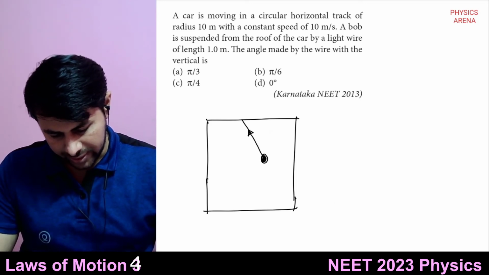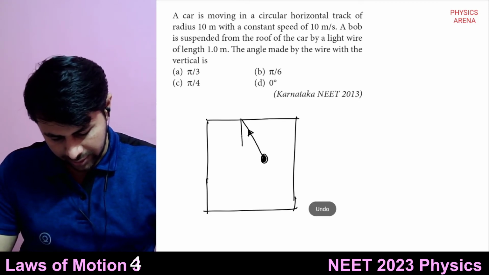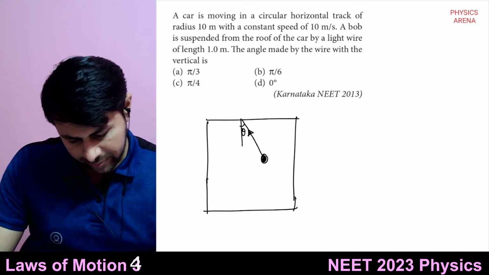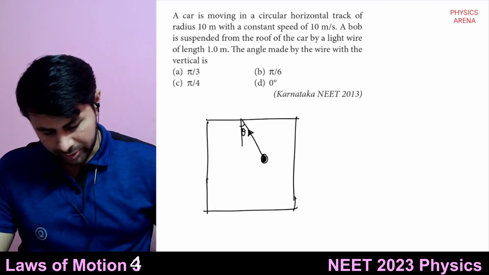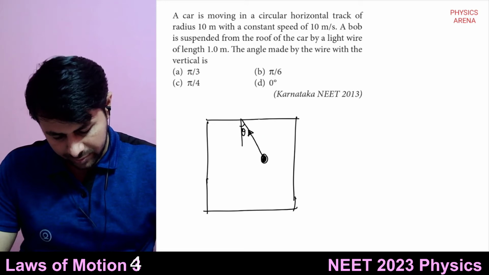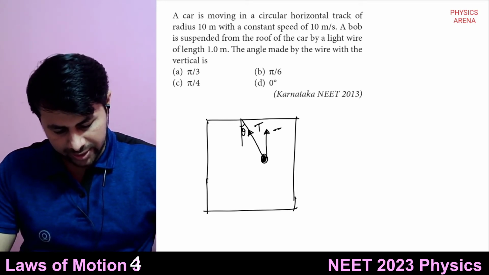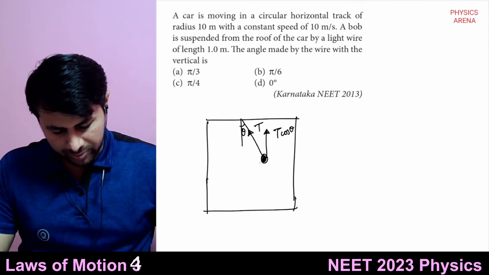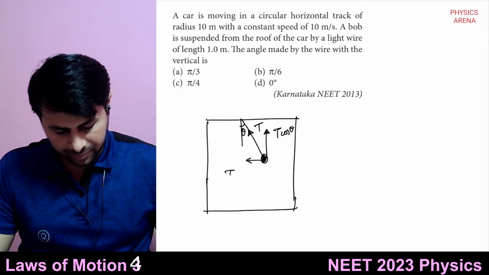Let's suppose this angle is theta with the vertical, and we want to find the angle with the vertical only. So this is t; this component will be t cos theta and this component will be t sin theta.